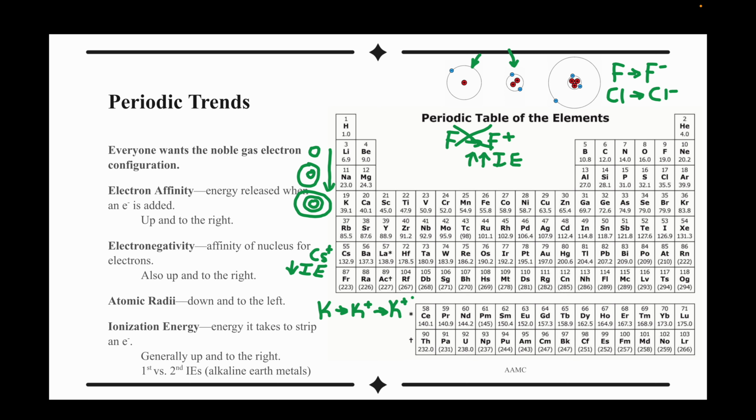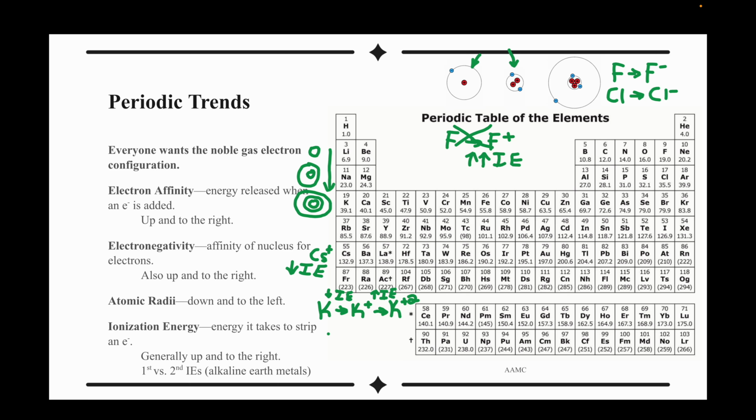But if we go to K 2+, that will be a very difficult reaction to happen. That reaction will take a lot of ionization energy because K plus already has the electron configuration of argon. It does not want to lose it.